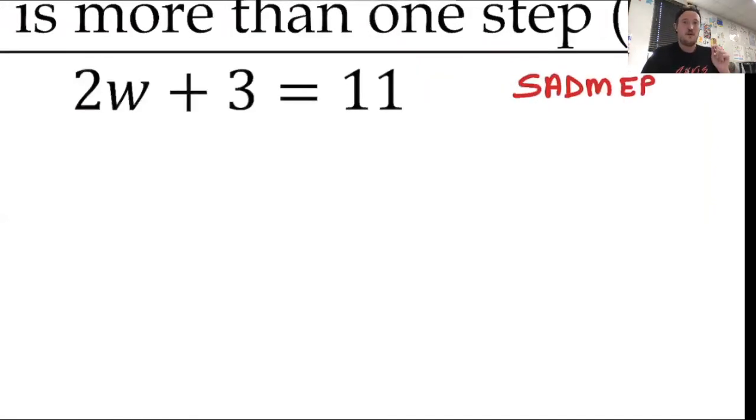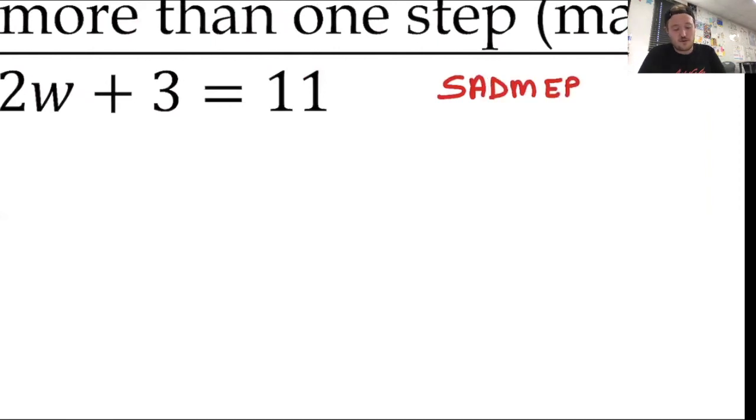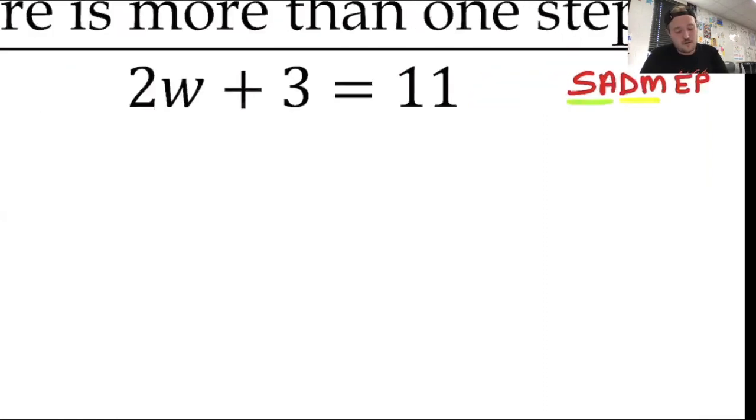There is a very specific order in which you must solve these equations. You have to do inverse operations. You want to start with any addition or subtraction first, then you can move on to division and multiplication. You want to look in terms of the variable.